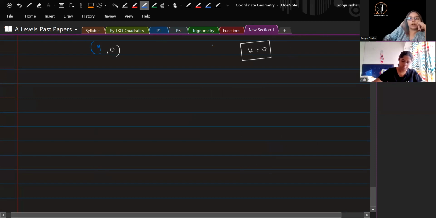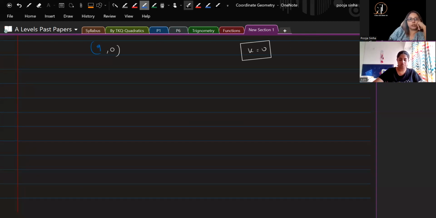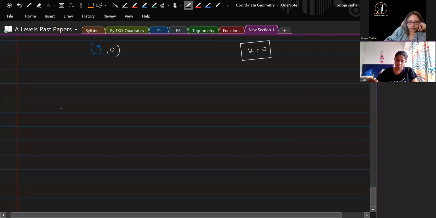Next is one more thing about lines. I have a line like this and another line like this. अब आपको ये तो पता ही है कि इस लाइन का एक स्लोप होगा और इस लाइन का दूसरा स्लोप होगा, and we don't know what is the relationship between these two lines.